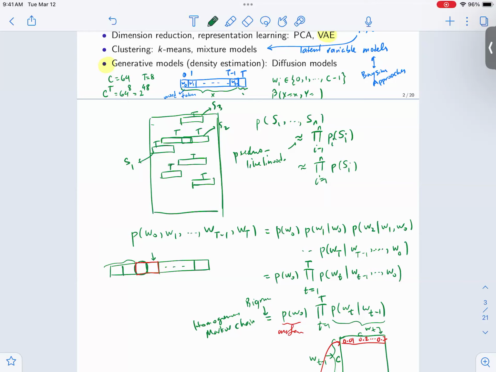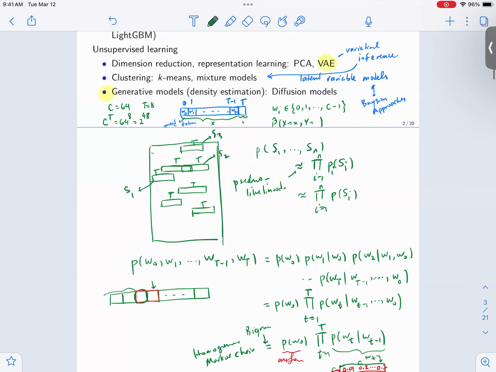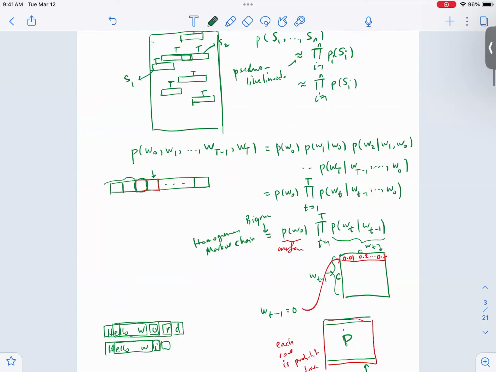So what we do is we model this problem as a classification problem where you have these features and you want to predict this word.